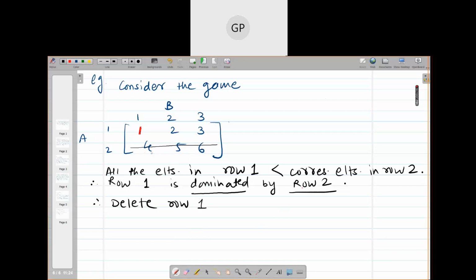Row 1, because dominated row हमें delete करनी है. So that will be row 1. Okay, so the matrix reduces to, आपके पास matrix जो बचता है वो ऐसा बचता है: 1, 2, 3. Let me draw it properly.